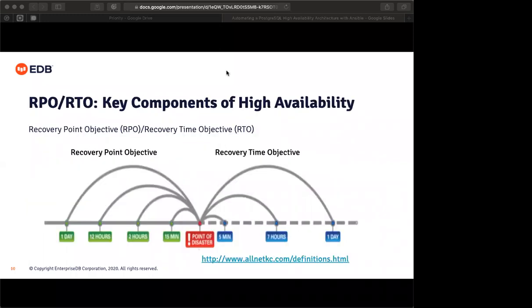In high availability, there are some other key concepts, as you know: the recovery point objective and the recovery time objective. Recovery point objective is a measurement of time from the failure, disaster, or comparable loss-causing event.